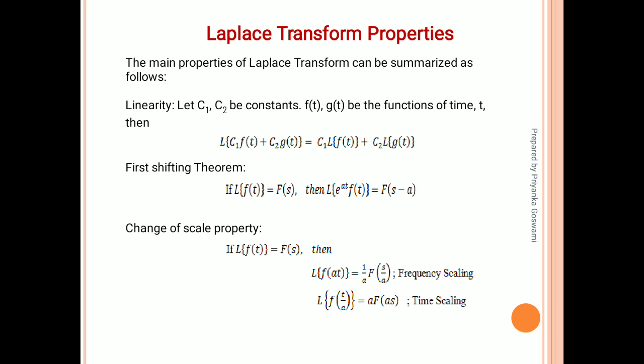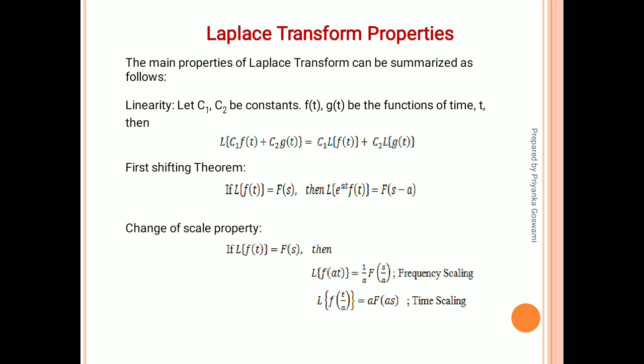Now, Laplace transform properties. The main properties of Laplace transform can be summarized as linearity, first shifting theorem, and change of scale property. Now, linearity. Let C1 and C2 be constants, and f(t), g(t) be functions of time t.